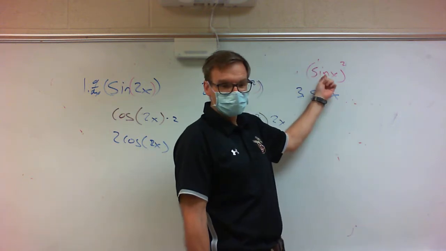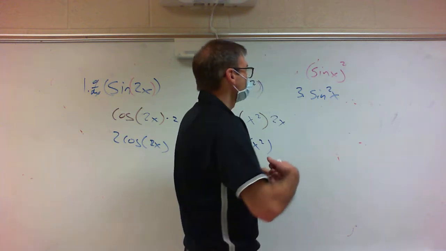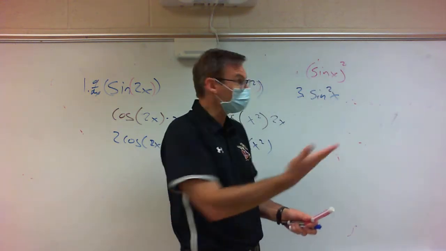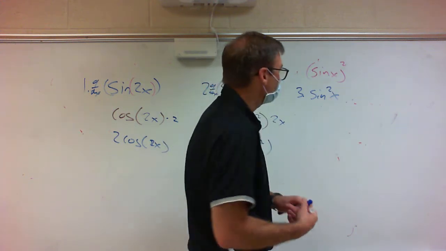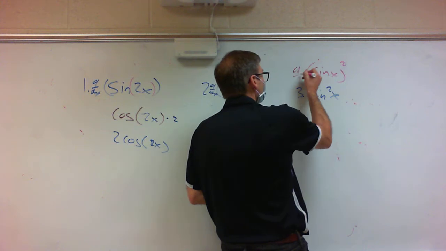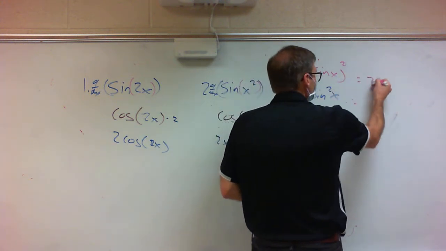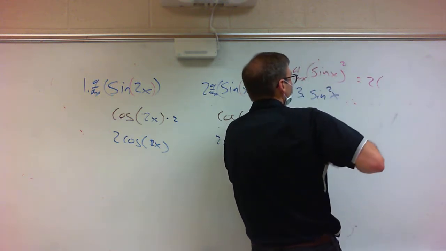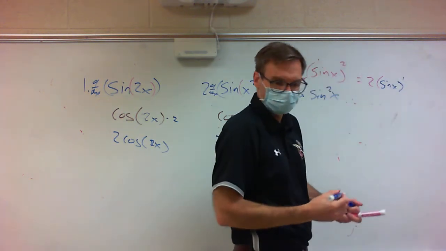So, let's look back at this problem. How do we take the derivative of sine squared x? When I look at this, I see stuff squared. Do you see stuff squared? Yeah. So when I take the derivative of this, that's going to give me 2 copy stuff to the first.